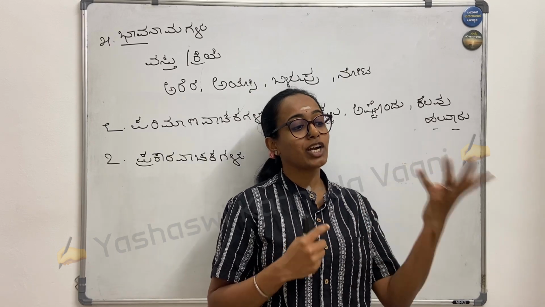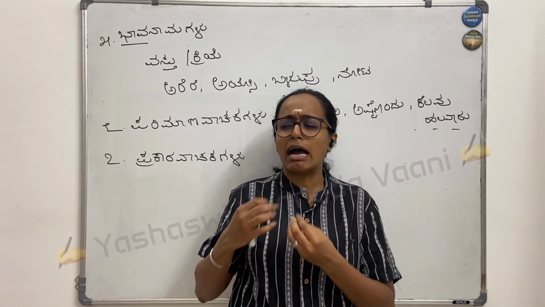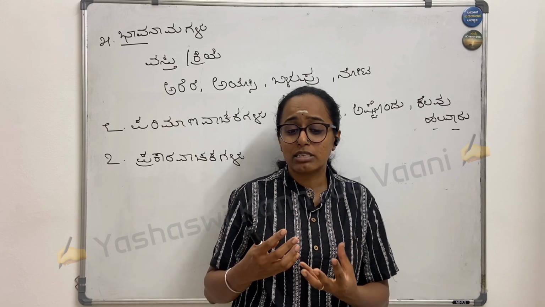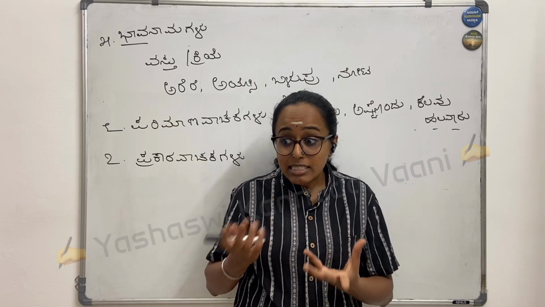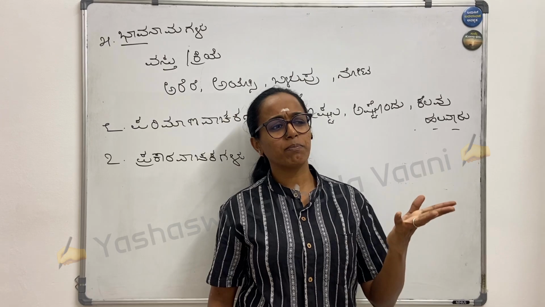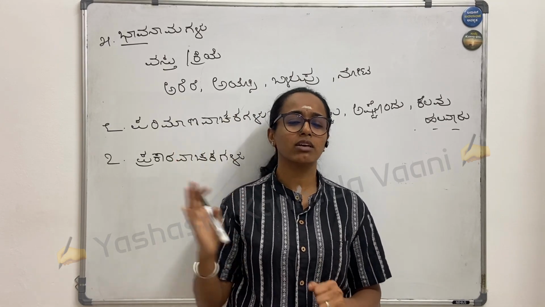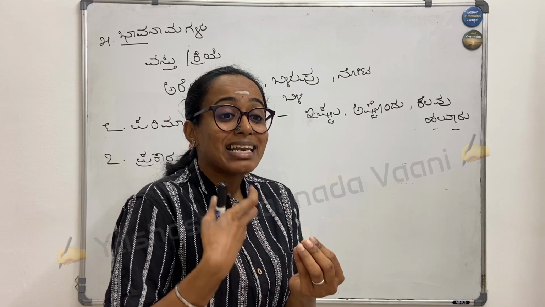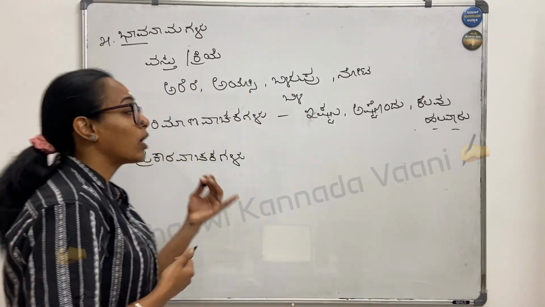He was that kind of a person. That is that kind of a place. It's a beautiful place. You won't say just a beautiful place. You will say this kind of a person, that kind of a place, that kind of a movie I've never seen. When you explain with words like this, that is called prakara vachaka.